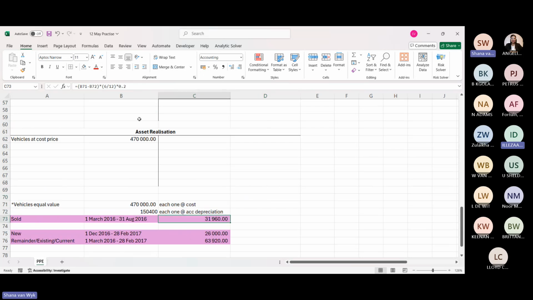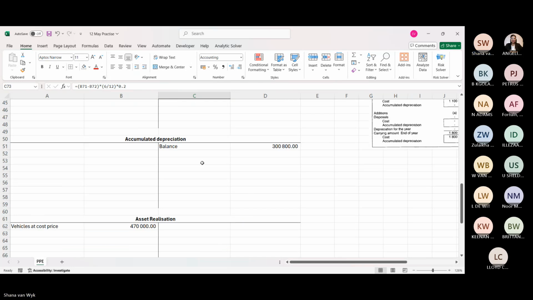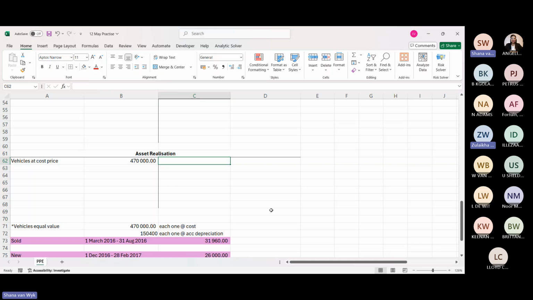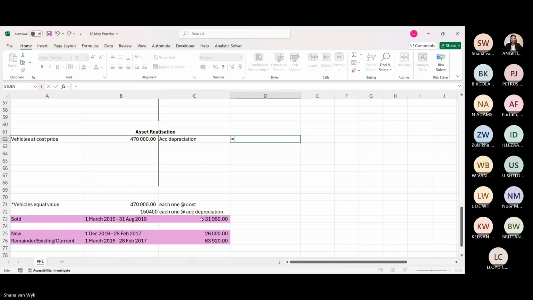And then we put it through the general ledger. The 63,920. We sold, so that is that one. The 31,960 is what we sold, yes. So then we know for asset realization, our accumulated depreciation is gonna be 31,960, what we sold. That's correct.